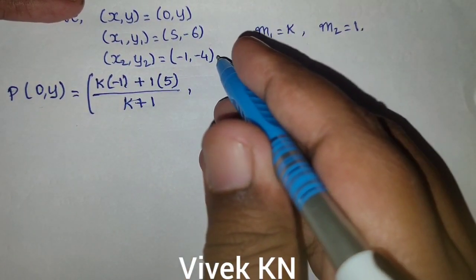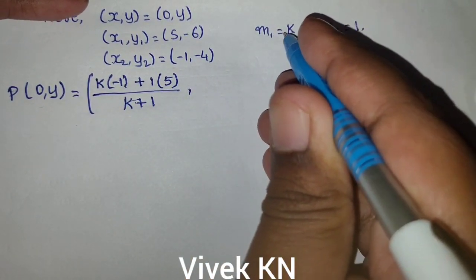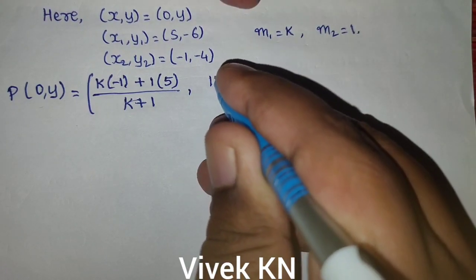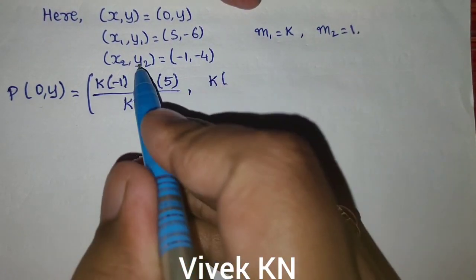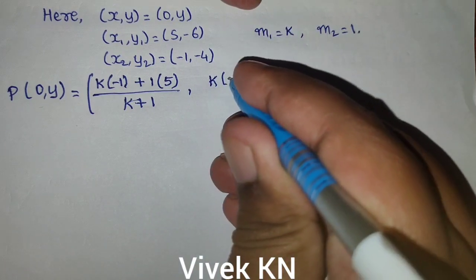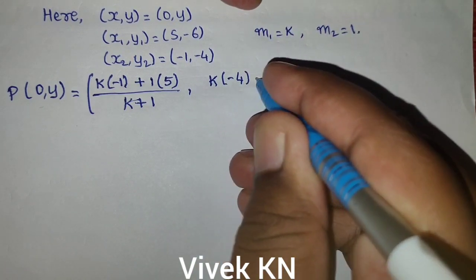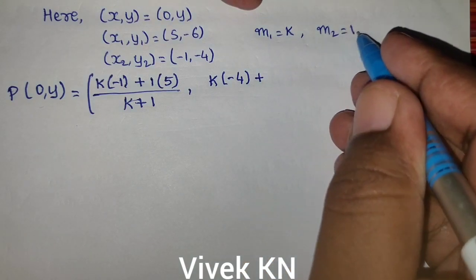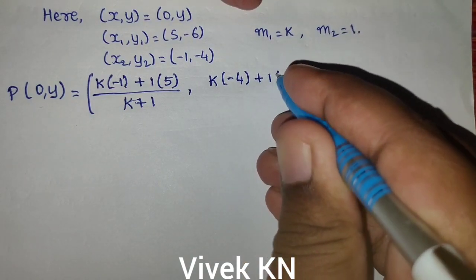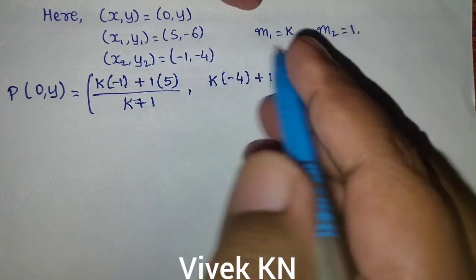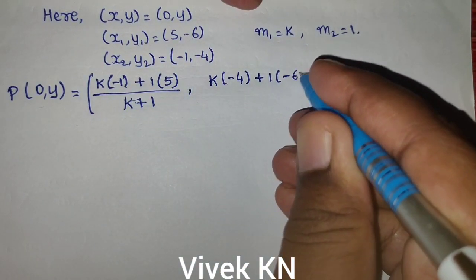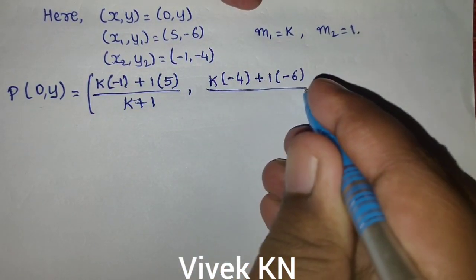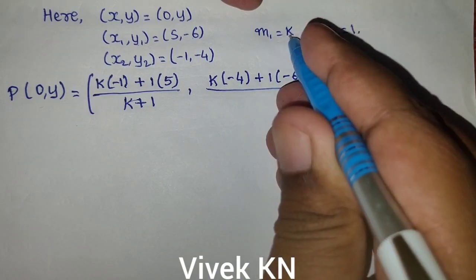Next, m1y2, the value of m1 is k and the value of y2 is -4, plus m2y1, the value of m2 is 1 and the value of y1 is -6, divided by m1 plus m2, that is k plus 1.